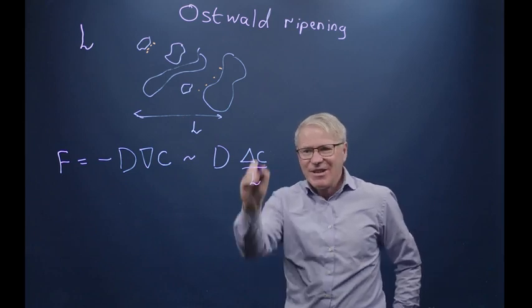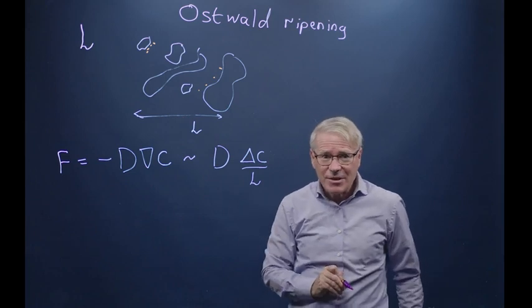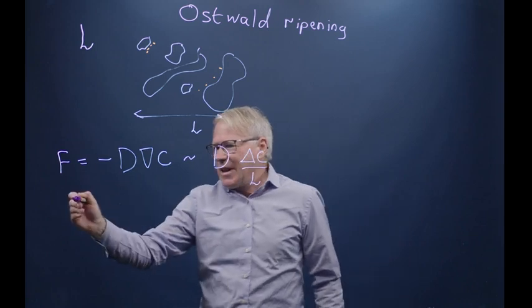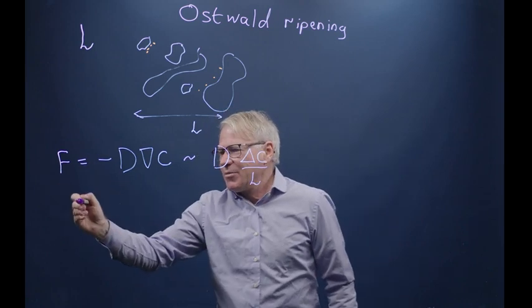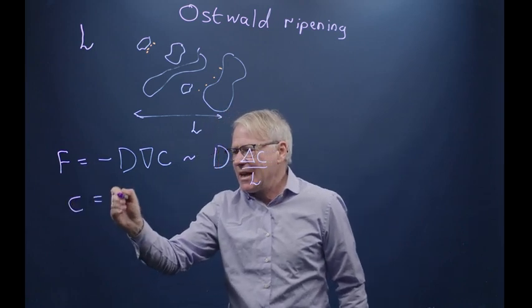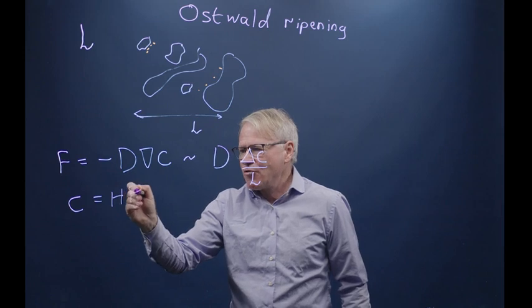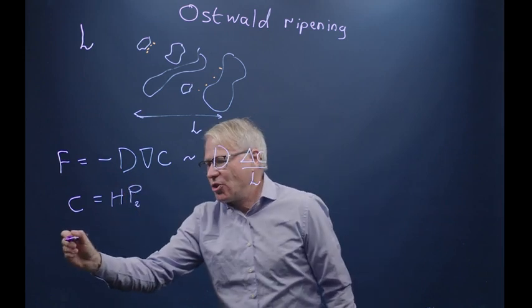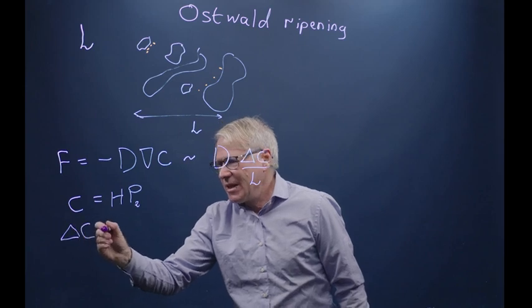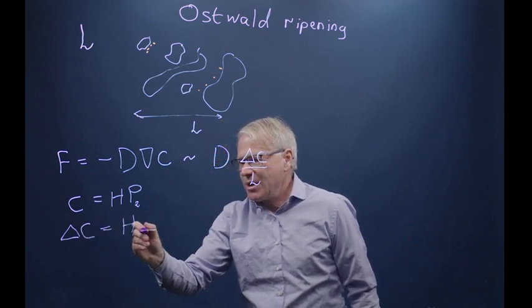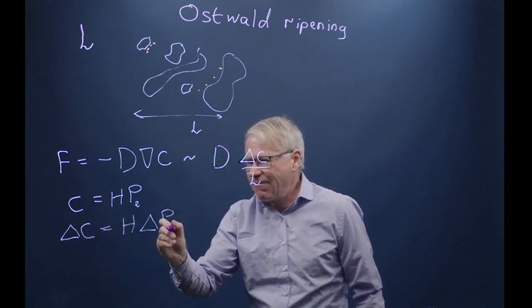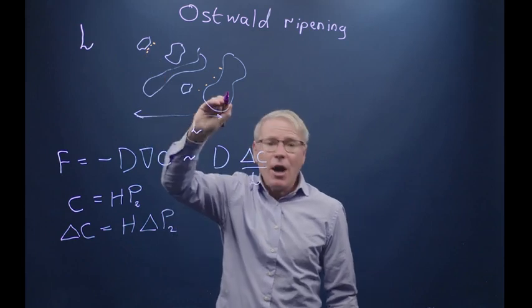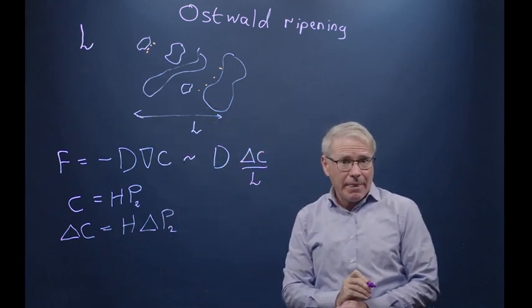So now I need to know what this delta C is. Well, if we have Henry's law, which says that C is H times the pressure in the gas, then the difference in C is going to be H times a typical difference in pressure between the two ganglia.